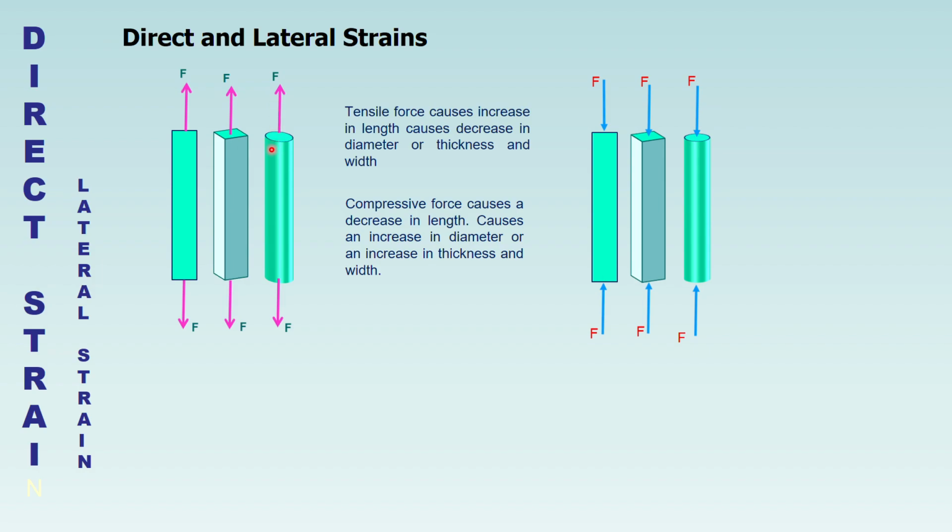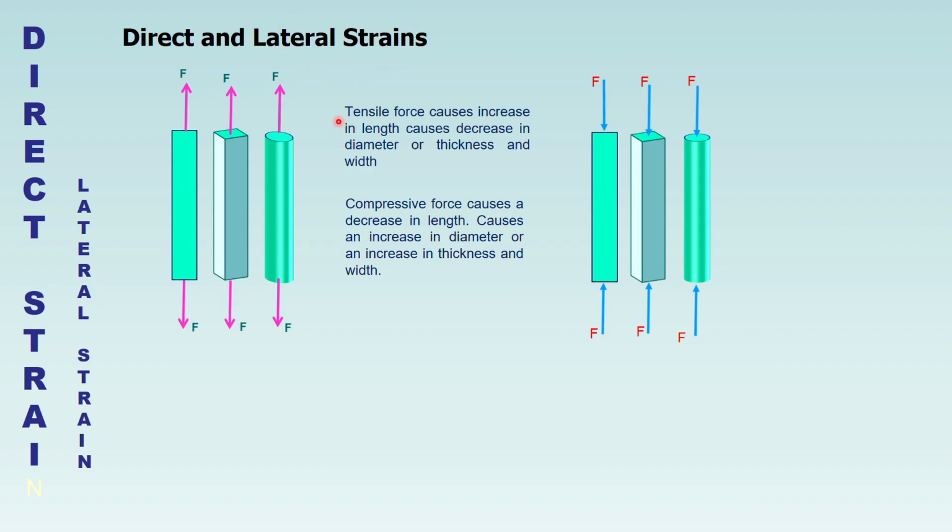If you take the change in length divided by the original length, we have what we call direct strain. But when you look at the diameter, it actually reduced. When you take the reduction in diameter divided by the original diameter of the rod, we have what we call lateral strain.